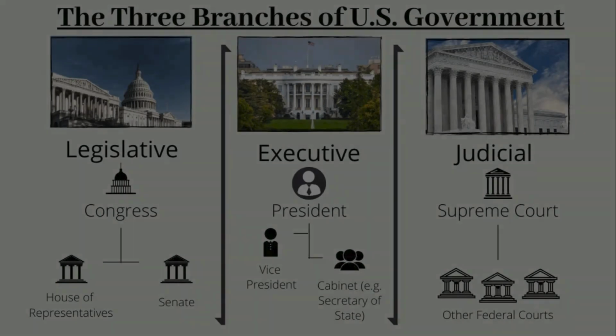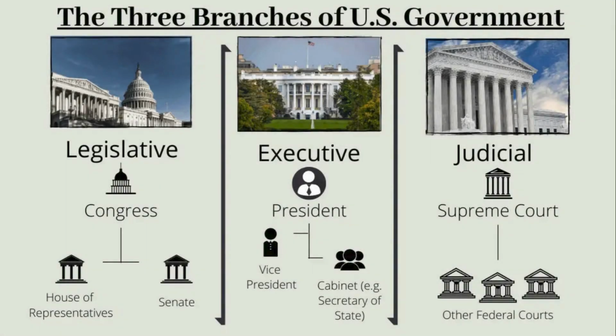To prevent any single branch from becoming too powerful, the Constitution introduced the principle of separation of powers, dividing the work of government among three distinct branches. The legislative branch, also known as Congress, holds the power to make laws, pass laws, and allocate government spending. The executive branch, led by the president, is responsible for recommending policies, carrying out federal laws, and overseeing the operation of federal programs.